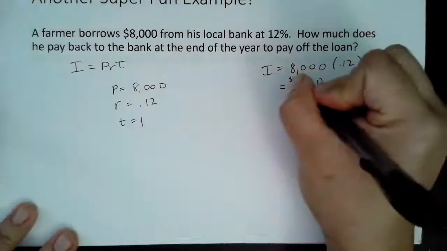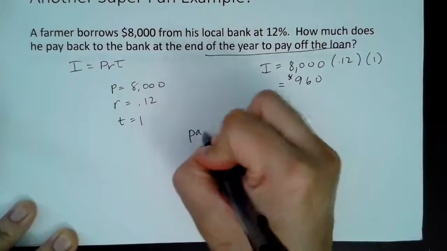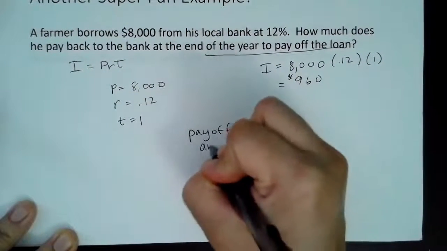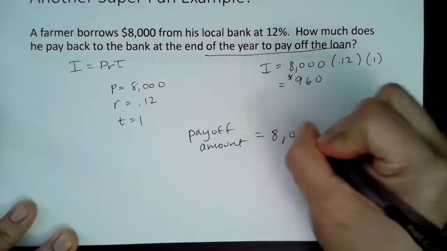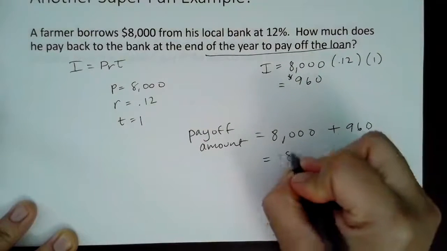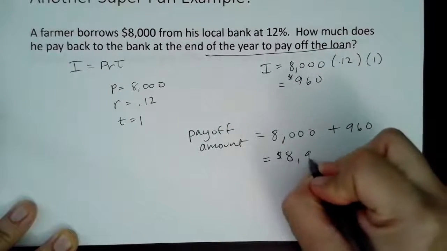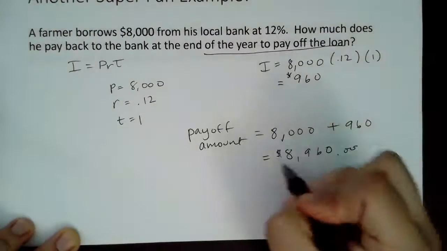So to pay back the loan, to pay it off, he has to pay back the original plus the interest accrued. So the total payoff amount is going to be $8,960. Okay.